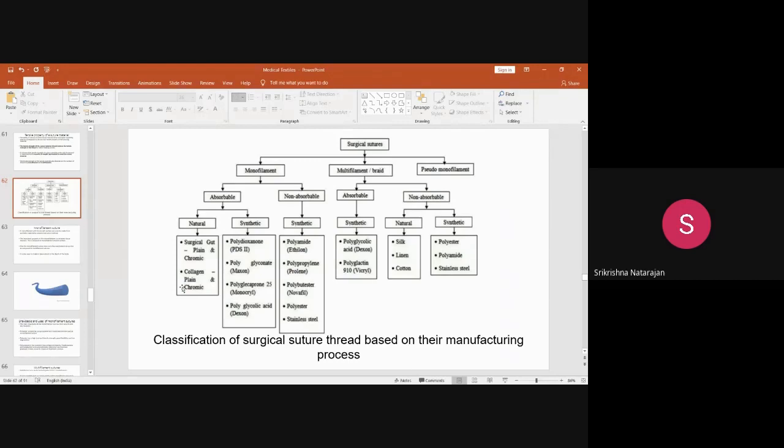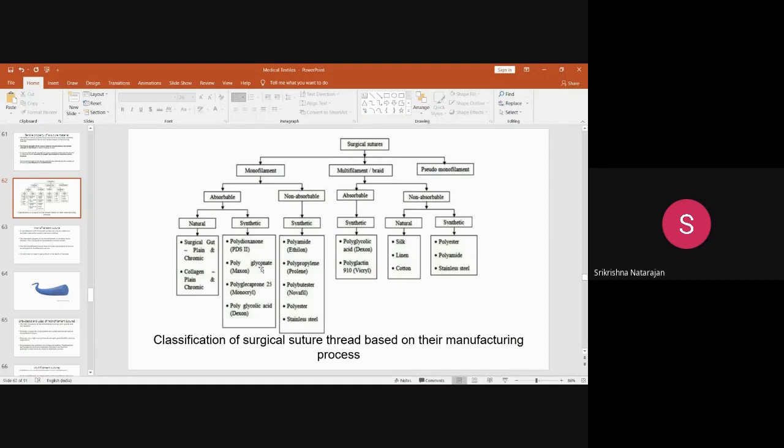Next is collagen, which we have also discussed as a fiber. We have learned what collagen is. And next are the synthetic absorbable sutures, of which there are many examples. Polydioxanone, abbreviated as PDS II, which is a trademark of this fiber, is a thermoplastic type of fiber.